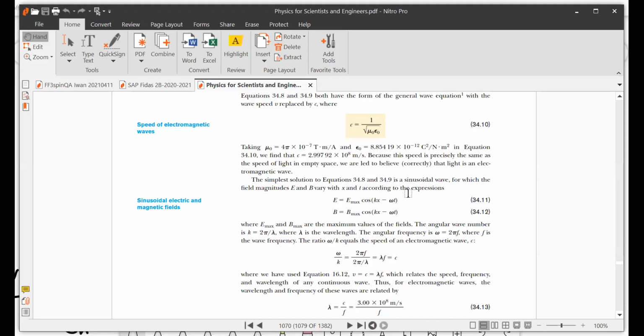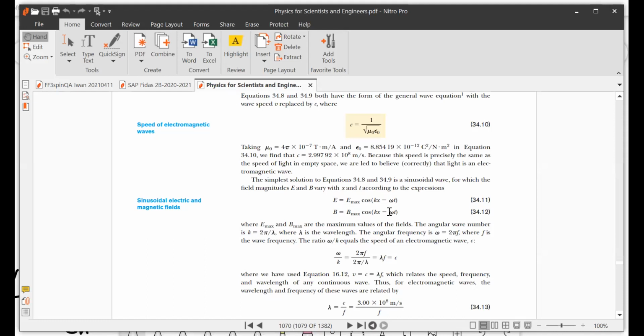So I think this is the simple principle. If you choose the electric field to be the cosine function, then the magnetic field also follows, also cosine.